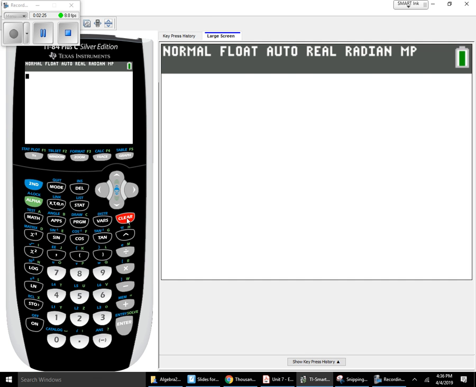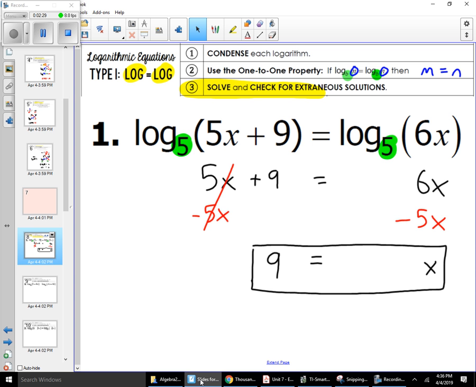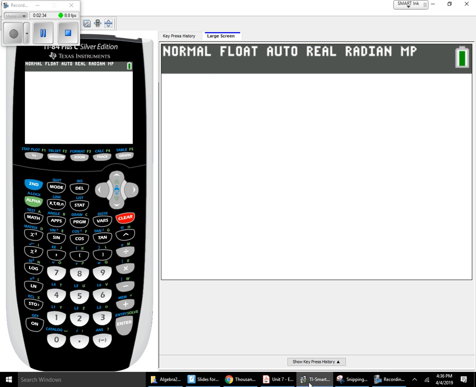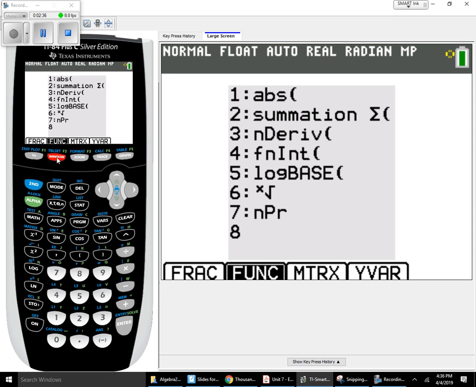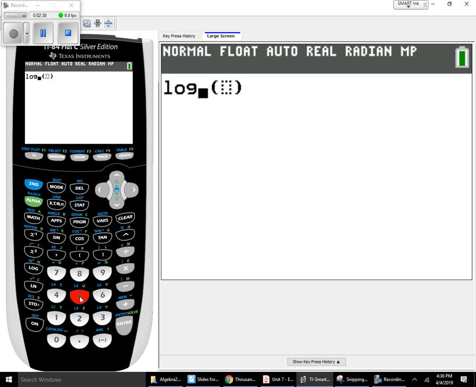So if we take a look at number 1, we claimed that x was 9. We want to double check that that actually works. So if x is 9, then log base 5 of 5x plus 9, that should equal a number.